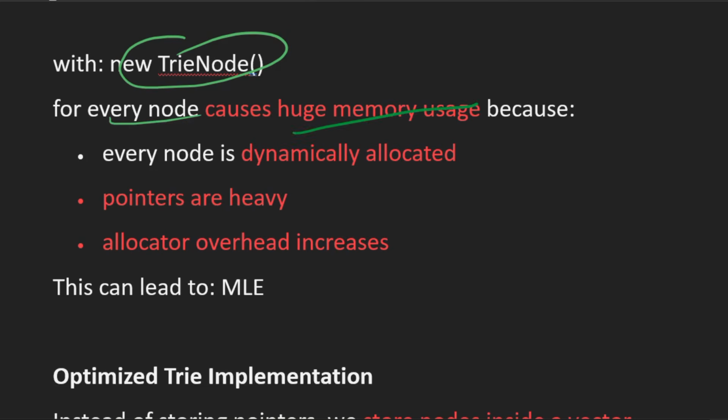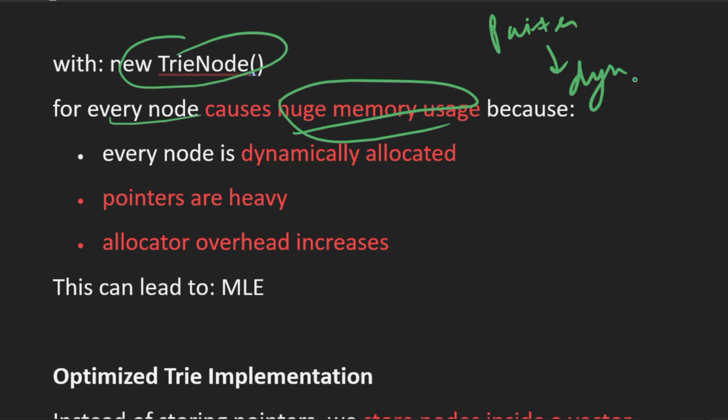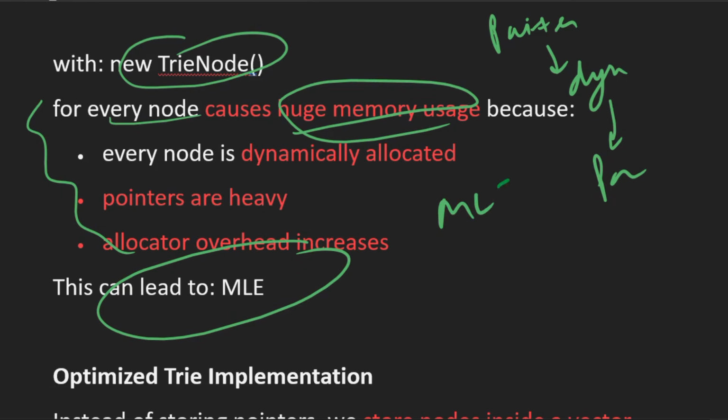This causes huge memory usage, because with pointers we dynamically allocate the memory to every node. And the second thing is that pointers are heavy, right? So these things cause memory limit exceeded.